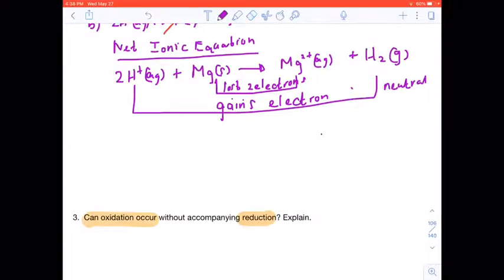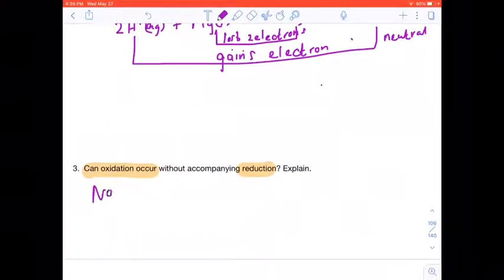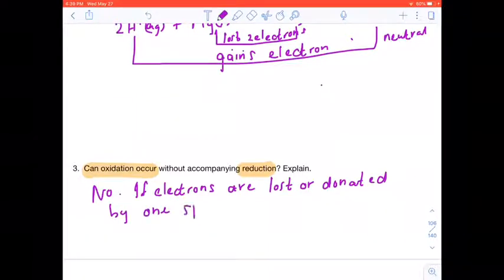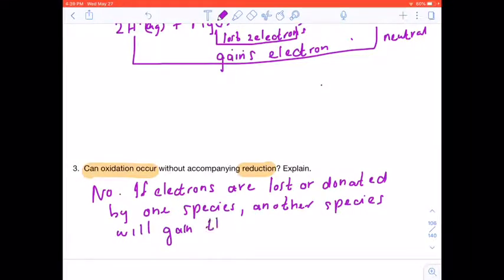So we would say no, right? If electrons are lost, or donated by one species, another species will gain the electrons.